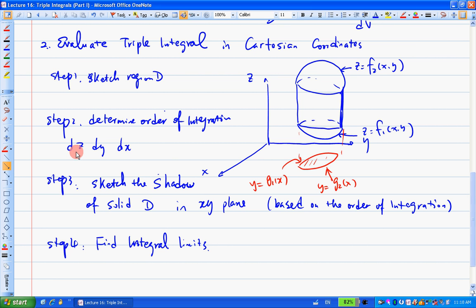We're doing dz first, right? So the first thing we're going to do is start from any point inside this shadow. Then you draw a vertical line in the positive z-axis direction, starting anywhere in the shadow and going across this solid, region D. That's the first step.